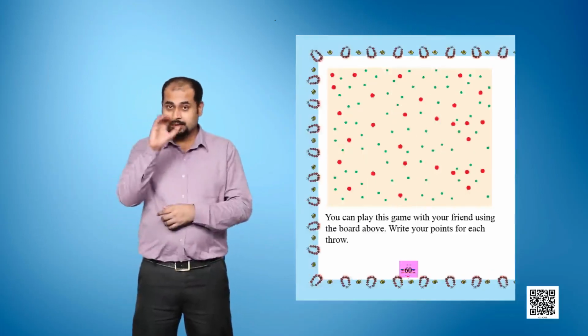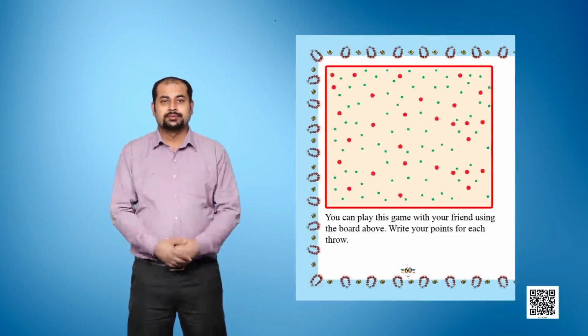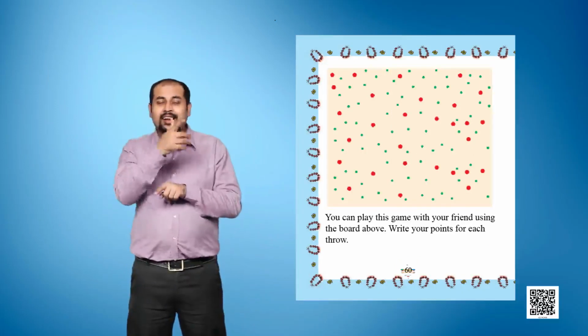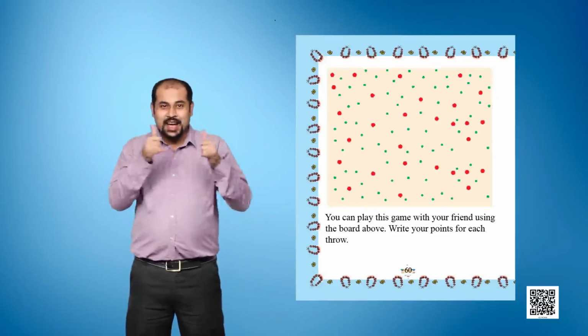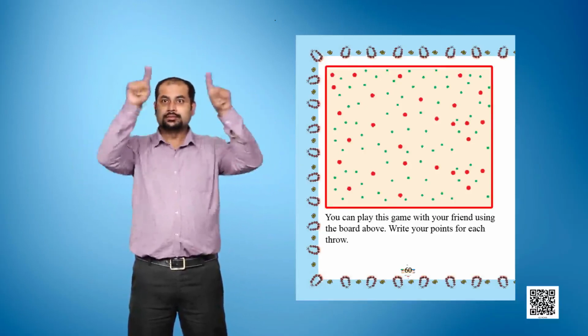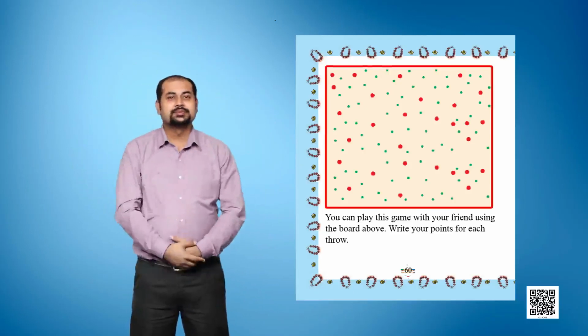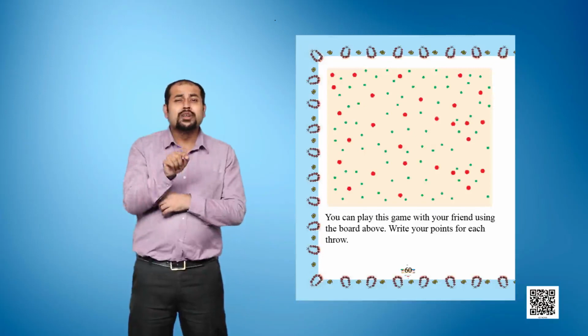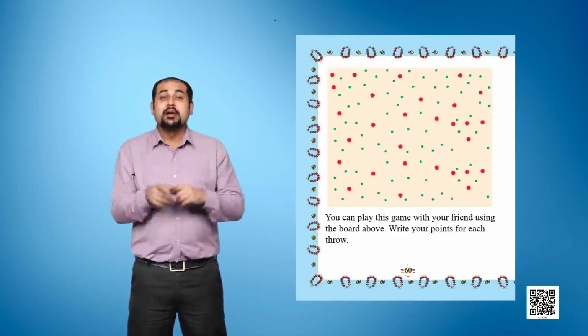Page number 60. This page has a larger picture of the same board on which Gesar and Karma were playing, with instructions and a blank table to keep scores.